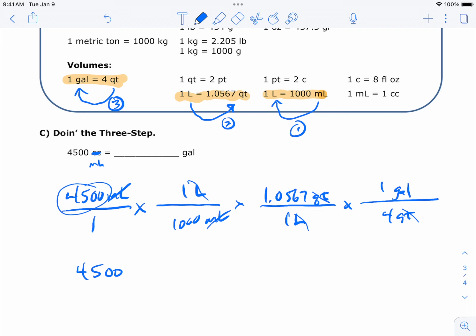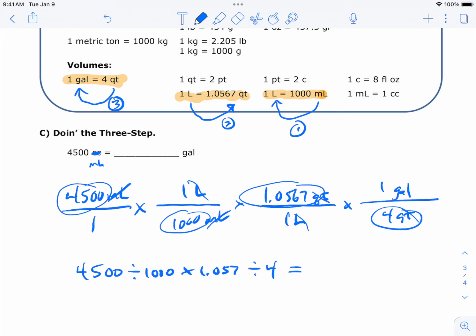And on your calculator, the easy way to do this, you just grab it right out. You say, I've got 4,500 on top, type it in. Oh, looks like I need to divide by 1,000. Okay, fine. Oh, looks like I need to multiply by 1.0567. Okay, fine. Now it looks like I need to divide by 4. Okay, fine. So you just do that all in a row. Works every time. If you don't trust me, you can do it the old way: multiply all the way across the top, multiply across the bottom, take the top, divide by the bottom.